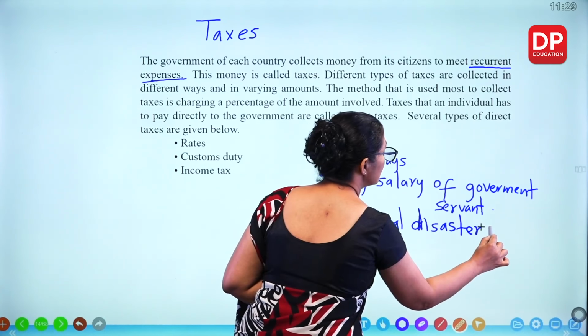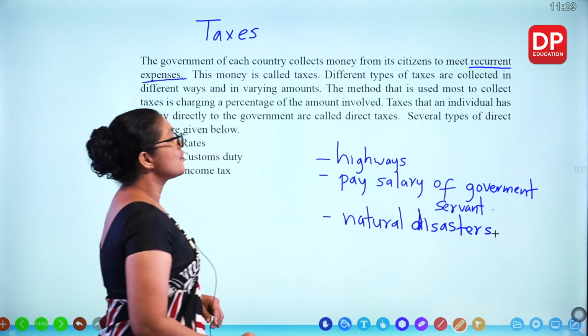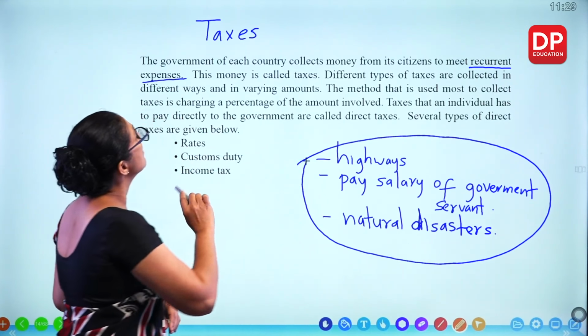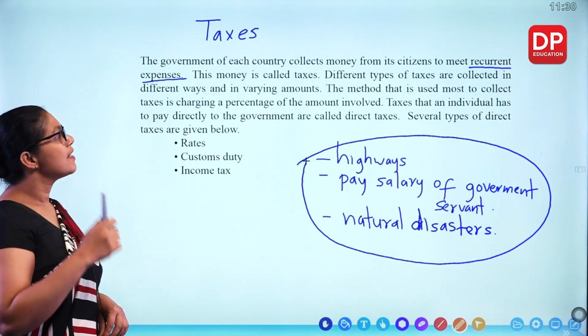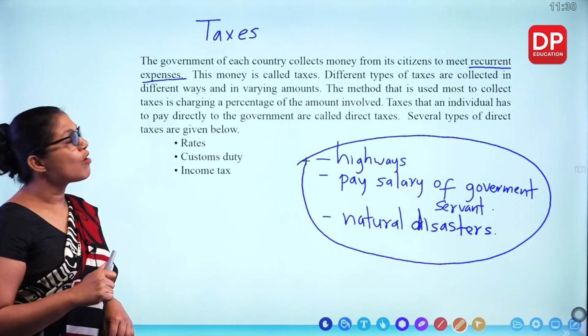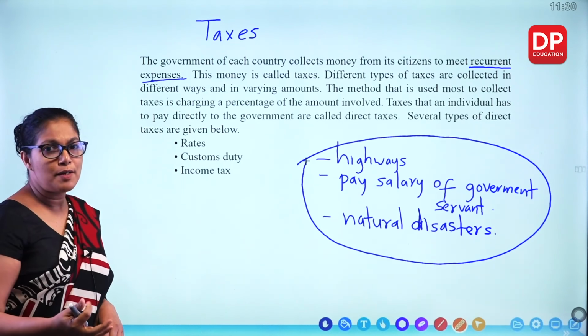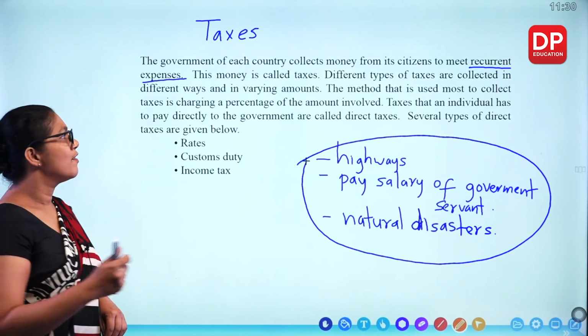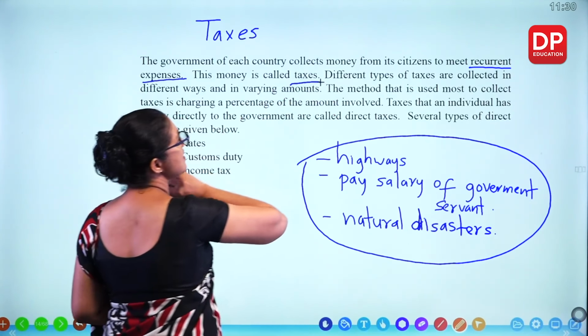So those are recurrent expenses. So this money is called taxes. So government is collecting money from citizens. We call those taxes.